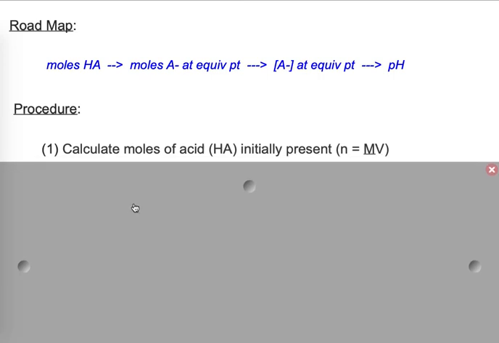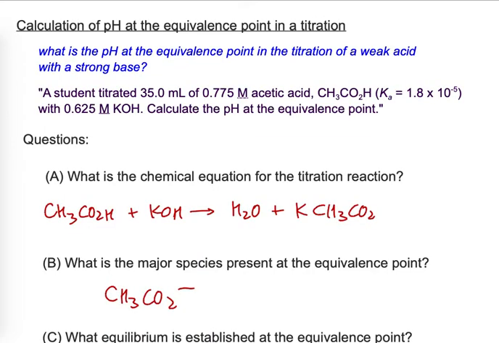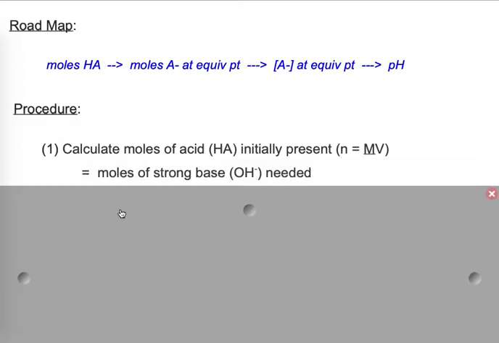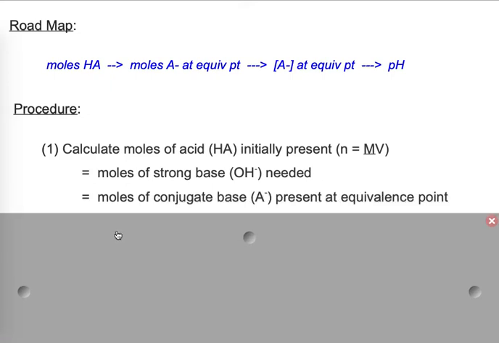So here is our procedure. We begin by calculating the moles of weak acid initially present, using moles equals molarity times volume. Now, because the reaction here in A is a 1-to-1-to-1 stoichiometry, the moles of weak acid initially present are equal to the moles of hydroxide we need to add, and also equal to the moles of the conjugate base present at the equivalence point.